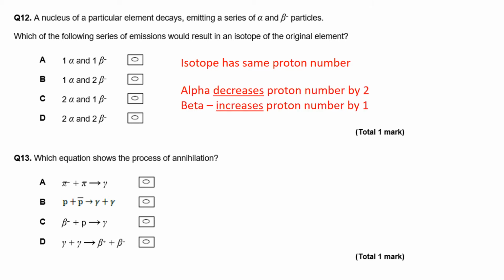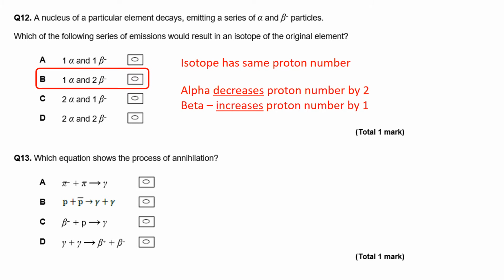And you need to know alpha decreases proton number by 2, because it emits 2 protons, 2 neutrons. Beta minus increases proton number by 1, because a neutron turns into a proton, electron, and an anti-electron neutrino. So we're going to need 2 beta minuses for every 1 alpha, which is what option B says.